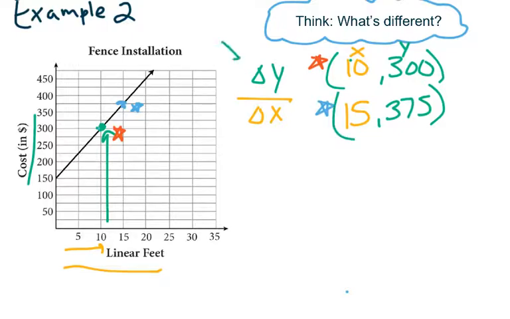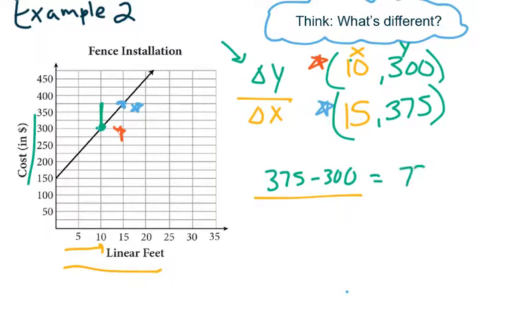So again, if I'm looking for the difference between y, I'm moving up the y-axis from 300 to 375. So 375 minus 300 for my change in y as my numerator, which would be 75.